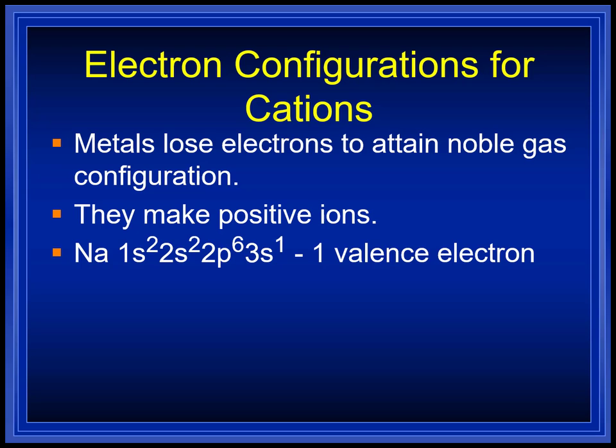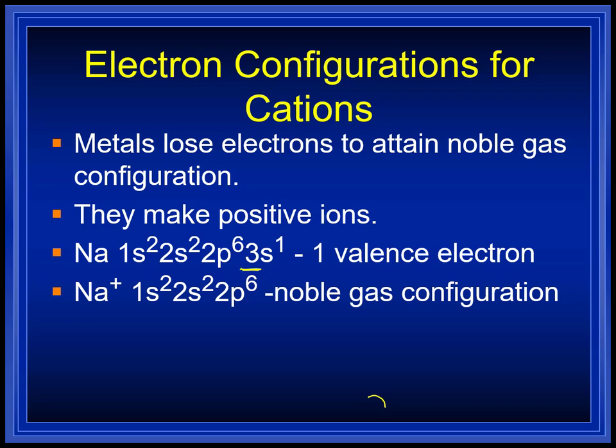Electron configuration-wise, that would be 1s2, 2s2, 2p6, 3s1. See, the biggest number in here is a 3. And the number of electrons in things that start with 3s is 1. To look like a noble gas, that valence electron comes off, and then it ends up with a noble gas electron configuration.